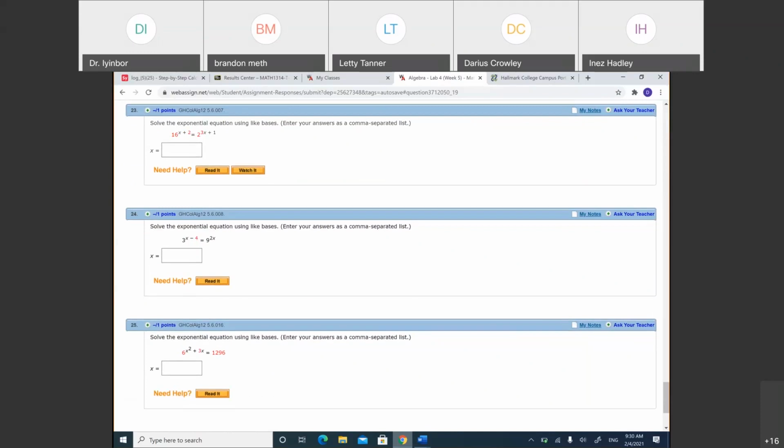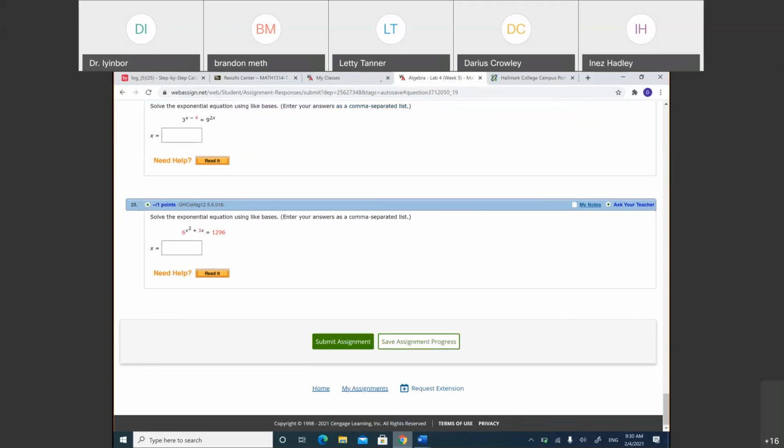25. Let's do 25. Okay, so in 25 we have 6 with exponent equals 1296. So I'm going to start with the bigger number, right? And I'm going to start breaking it down. I'm going to divide 1296 by 6 because the other base is 6.